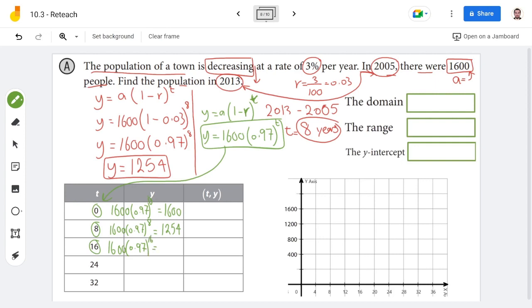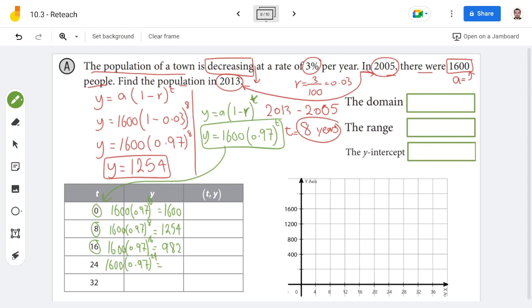You can see now the decrease. It will be some big number. Then we have 1,600 times 0.97 to the power of 24.